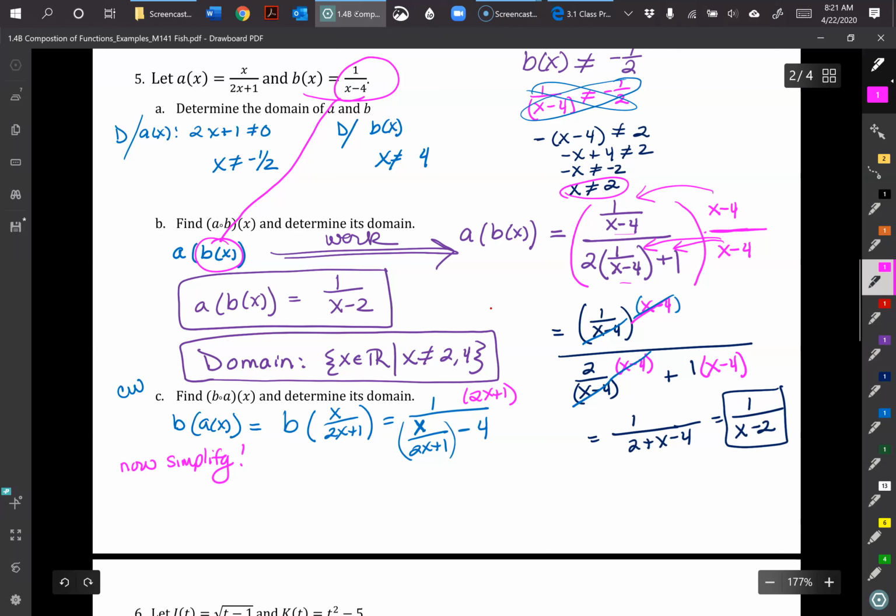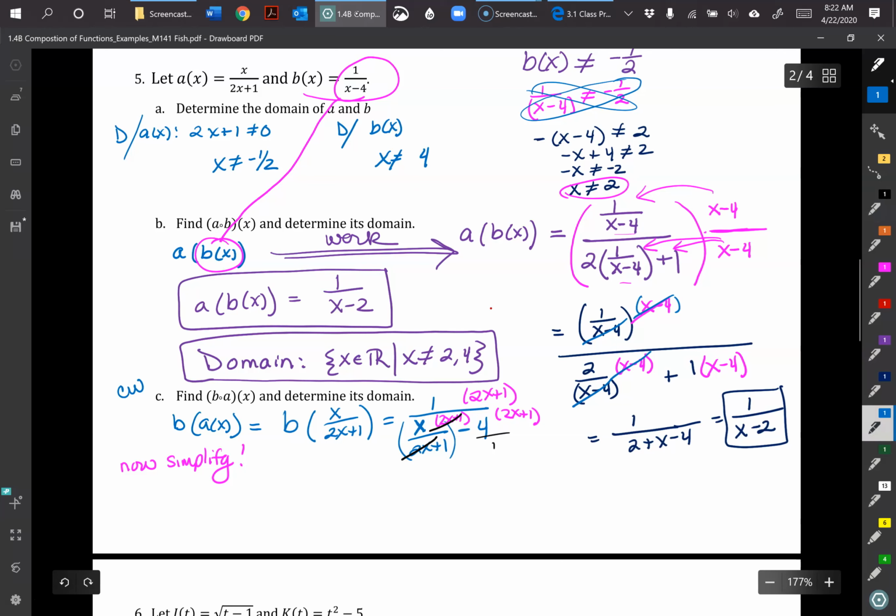Here I wrote it out the long way, showing you how it distributes and everything, but just make sure you multiply every term by 2x plus 1 in both the numerator and denominator, and then these will reduce. So then my goal again is to have no extra fractions within fractions.